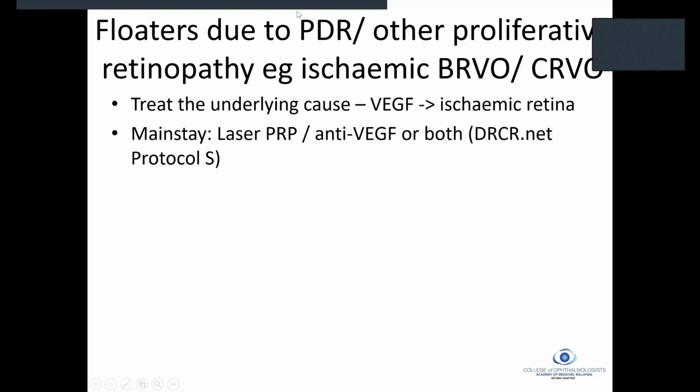Now I'm referring here to PDR when I say that Protocol S supports the use of either anti-VEGF or laser PRP, with some visual acuity advantages for anti-VEGF and certainly the advantage of a more improved visual field and less night blindness compared to PRP patients. And of course, if the patient has diabetic macular edema, anti-VEGF would definitely be something we would offer to the patient.